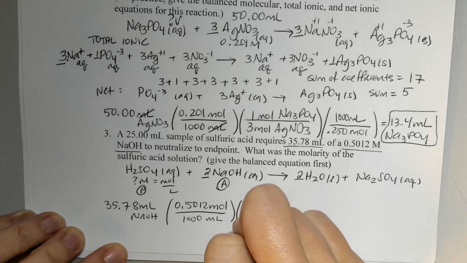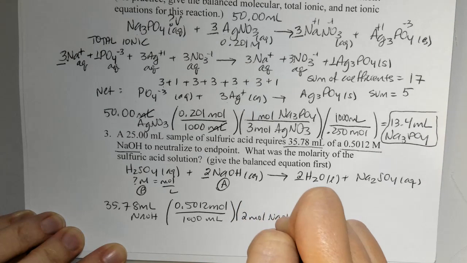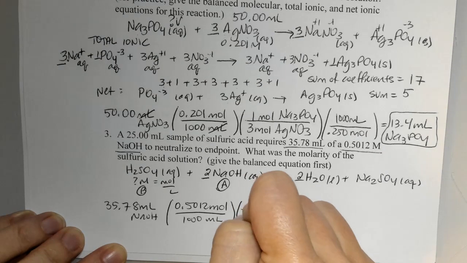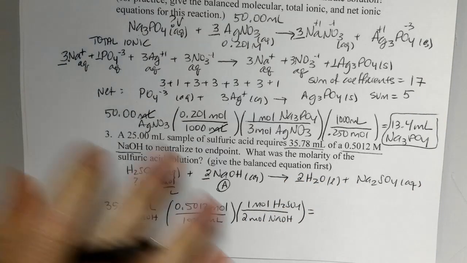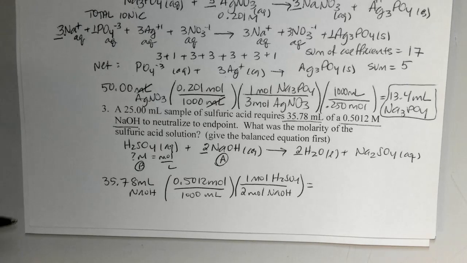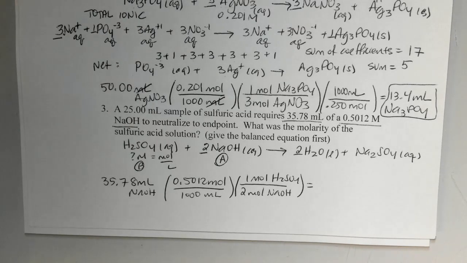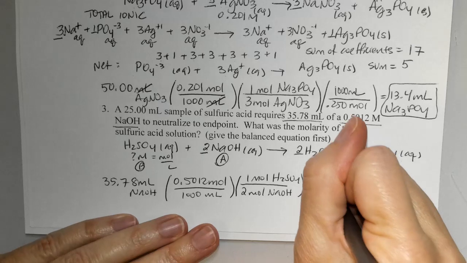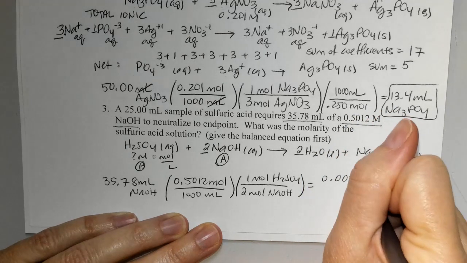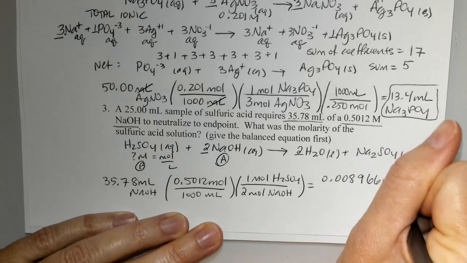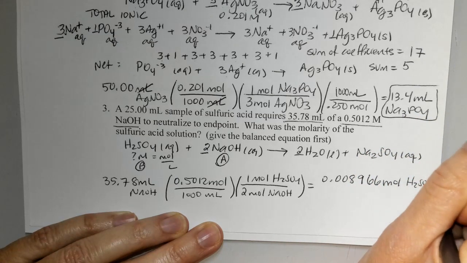Now my mole-to-mole ratio, NaOH on the bottom with a coefficient of 2, H2SO4 on top with a coefficient of 1. So when I do this first part, 35.78 times 0.5012 divided by 2, and then divided by 1,000, I have 0.008, and I'm going to do 4 sig figs, 966 moles H2SO4.